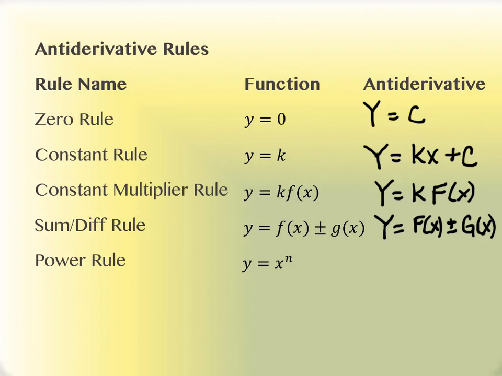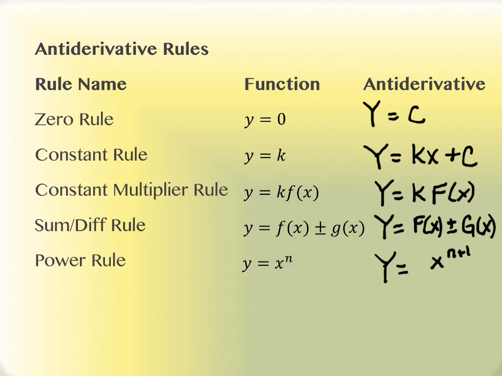What did we do to the original exponent next? We decreased it by 1. So what is the opposite of decreasing something by 1? Adding 1. All right, so the first thing we're going to do here is increase our exponent by 1. That's the opposite operation.